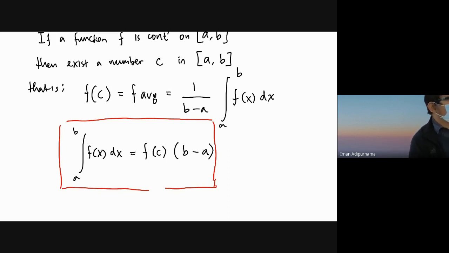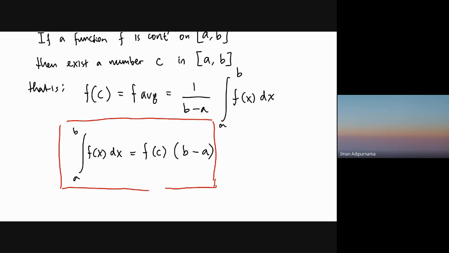And that's it. Chapter six finished. More or less, how we are going to use this theorem is if we want to take some proof, or if we are finding the C when we have some value of the integrations, and maybe we need to prove whether the C is between A and B or not, or proving some statement.